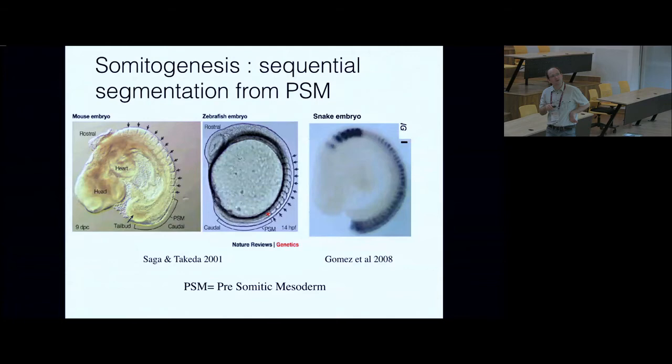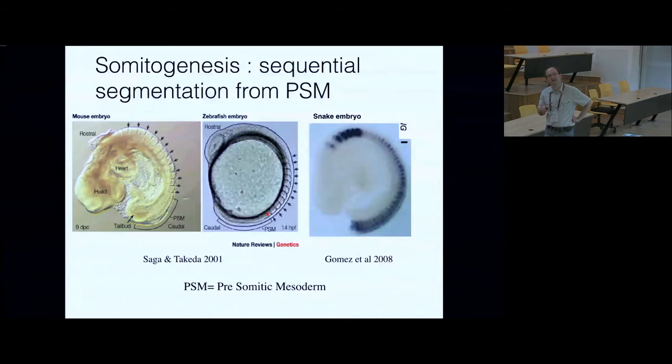The tail bud is here, and the tail bud is growing in this direction, and as it grows, something is happening here, and we'll discuss what is happening. This region is called the presomitic mesoderm. We'll see what happens in the presomitic mesoderm. And then anterior to the PSM, the presomitic mesoderm, you form segments. It's the same in mouse, essentially the same in zebrafish, and also in snake.